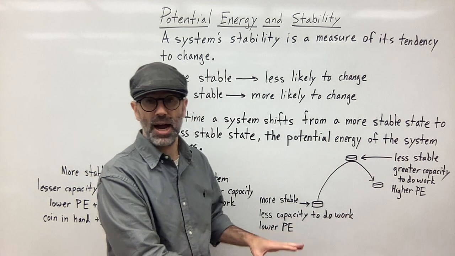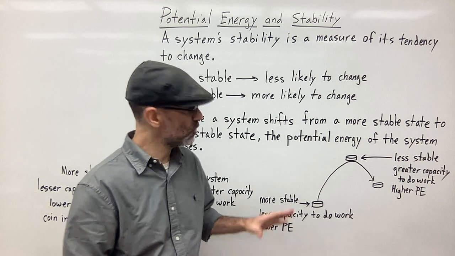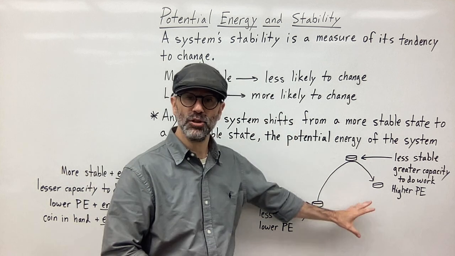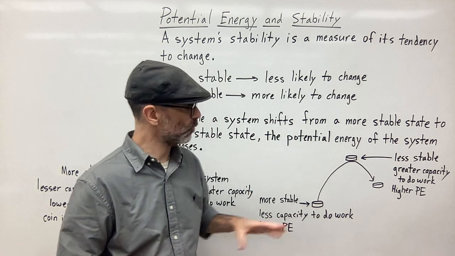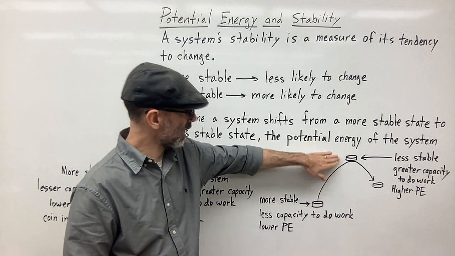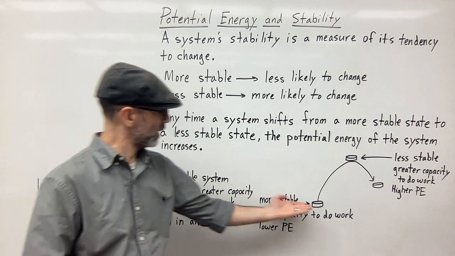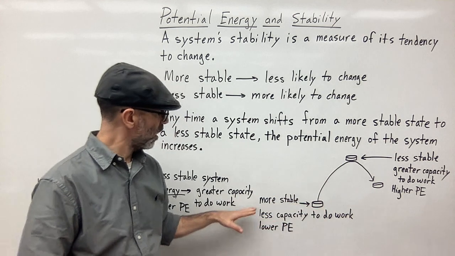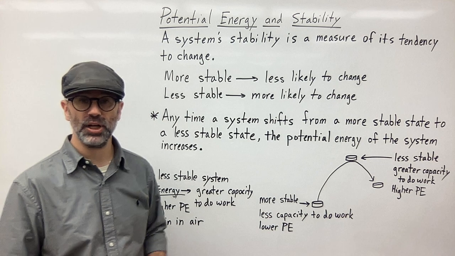When it hits the ground, it's doing work on the grass blades, right? So lots of potential to do work, and then it does work on the molecules and the grass blades. So here, less stable, greater capacity to do work, has a higher potential energy. Here, when it's in my hand, more stable, less capacity to do work, has a lower potential energy.